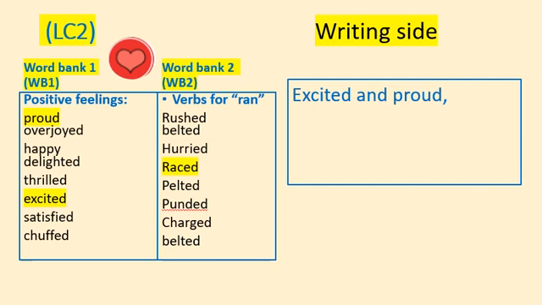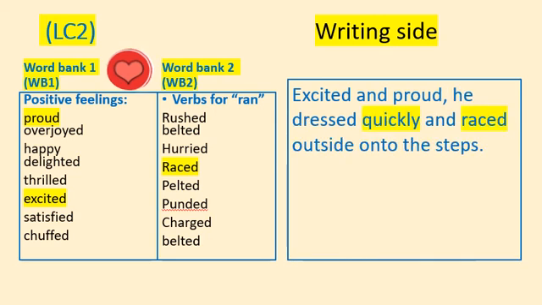So I've picked excited and proud. Excited and proud, he dressed quickly and raced outside onto the steps. Remember, he's made his boat now, and he's rushing outside, he's very excited, he's very proud, and he wants to play with the boat.